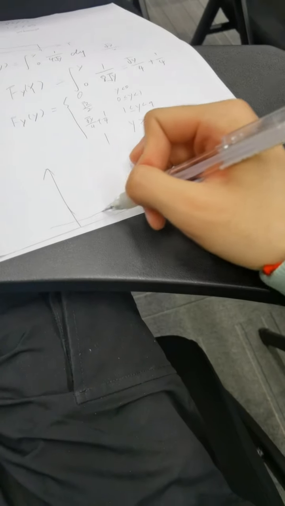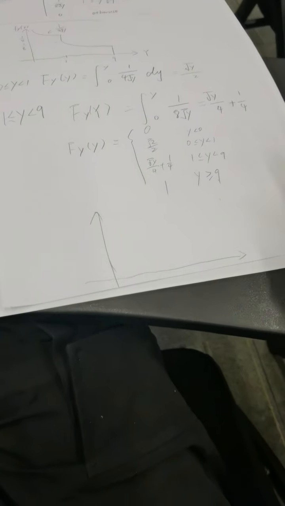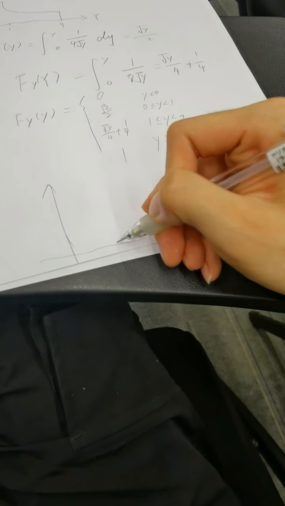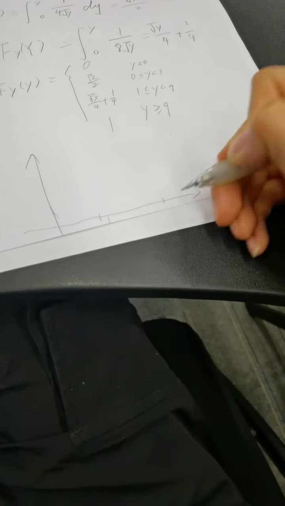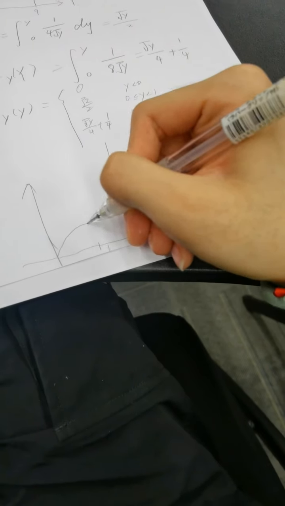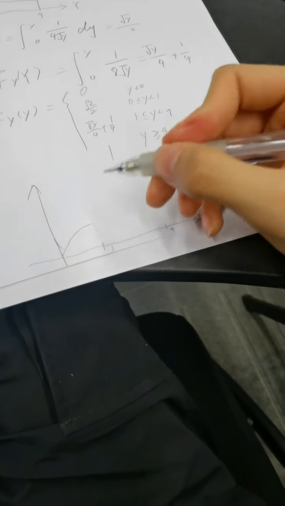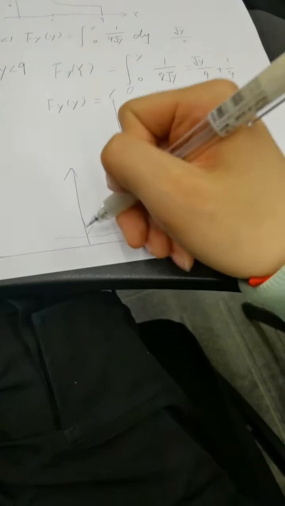Sorry the graph is so ugly, because I need to use my other hand to hold my phone to take the video. So we need to label 1 and 9. And otherwise is 1.